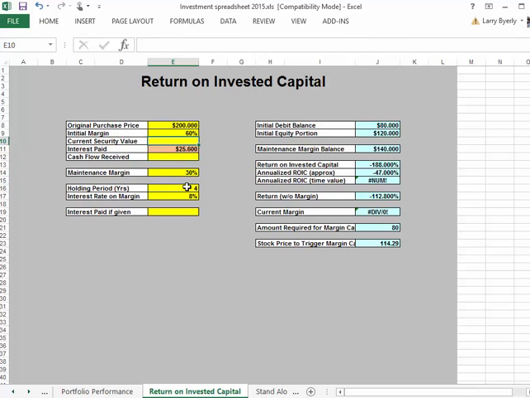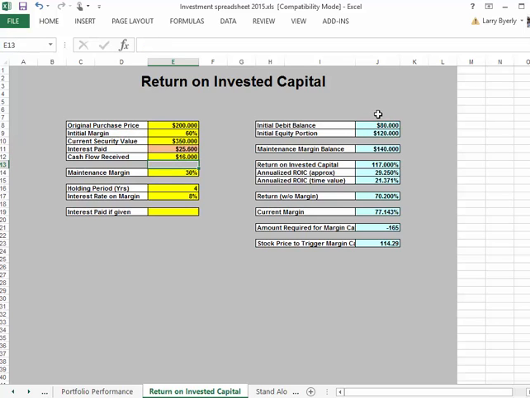Now this stock is currently worth, let's say, $350. This stock has been paying dividends for the last 4 years. Let's just say this individual stock paid $4 a year. So that means we receive $16 in dividends.